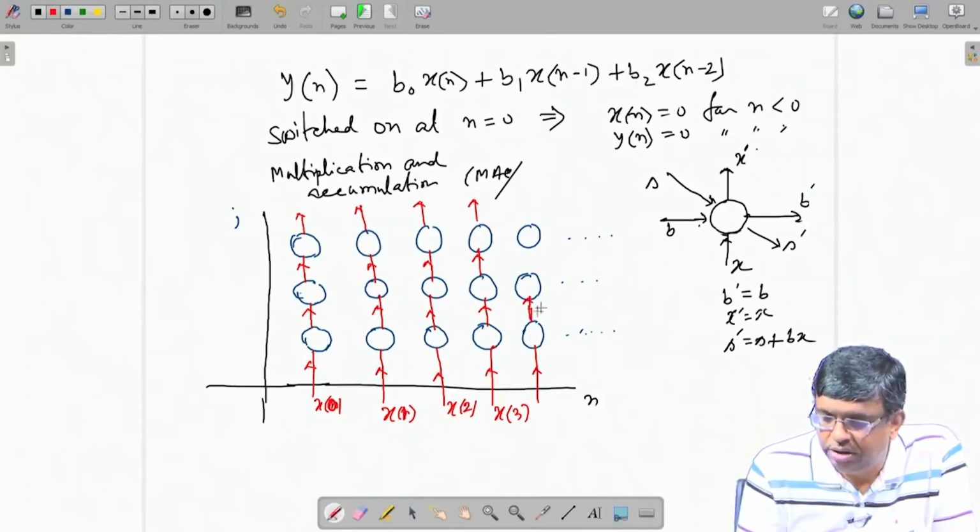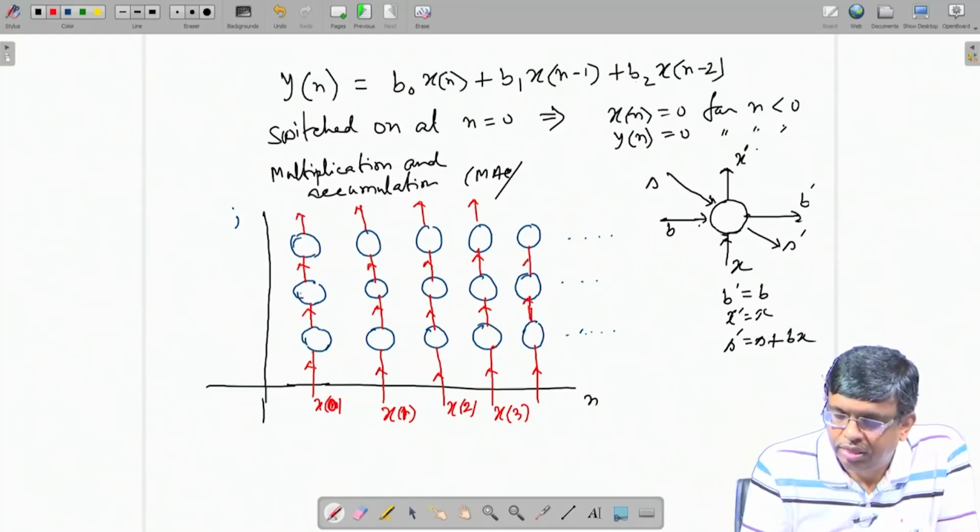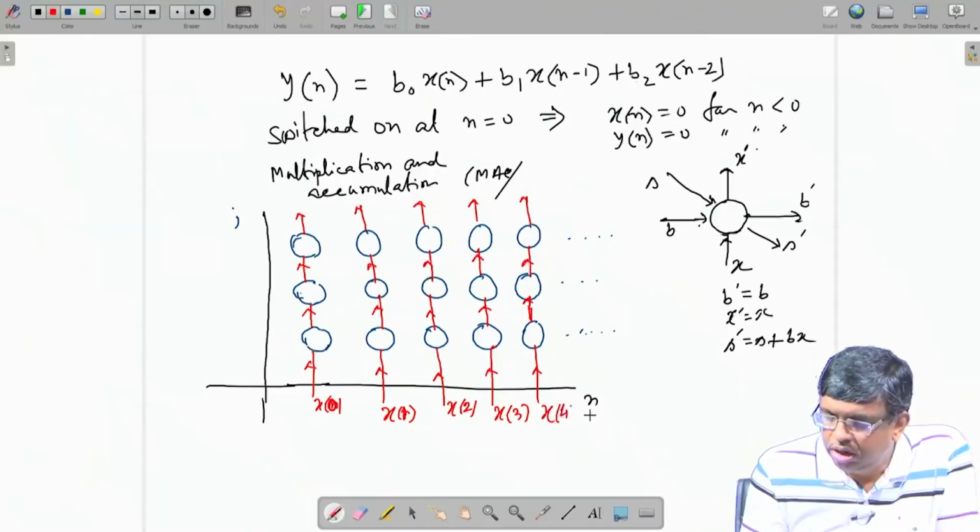These two edges add, they join. This is x 4 and so on.